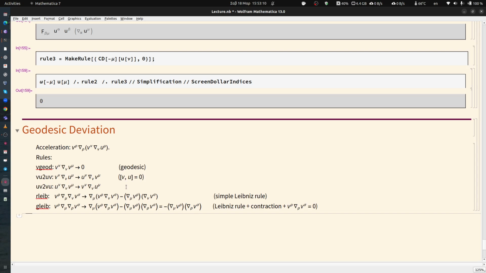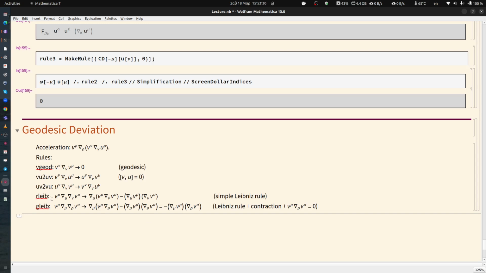If you remember the proof, which of course you will find is easier to do on paper than in the computer, but remember we're just practicing now, it involves applying the Leibniz rule and also some contraction.